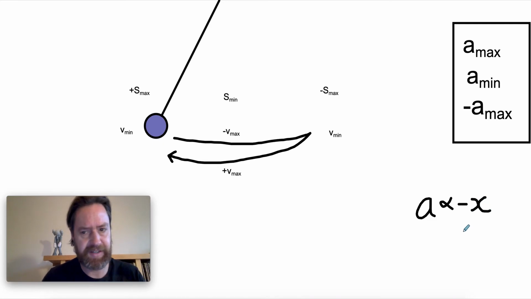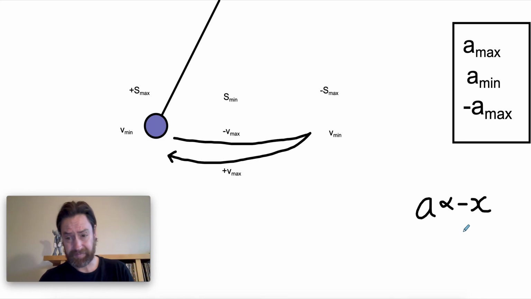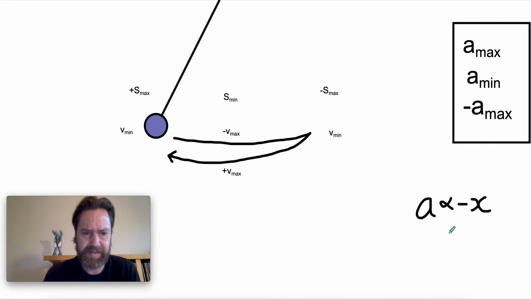Although I've been using S for displacement here, it doesn't really matter for this. So the bigger the displacement gets, the bigger the acceleration gets. But that also means that the smaller the displacement gets, the smaller the acceleration gets. And in fact, when the displacement is 0, because it's directly proportional, the acceleration is going to be 0.